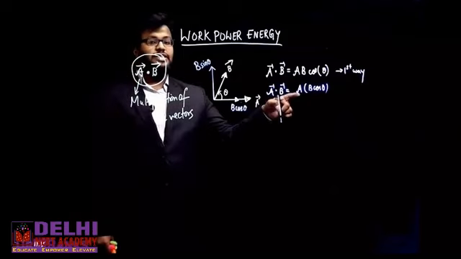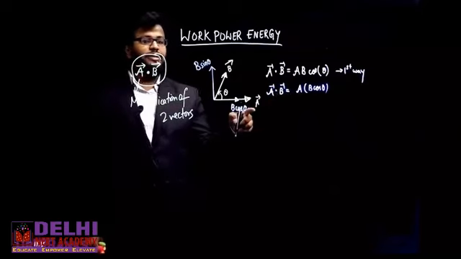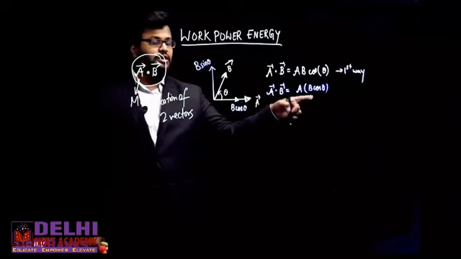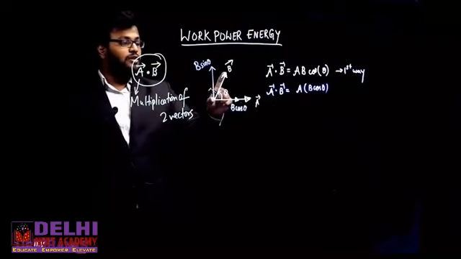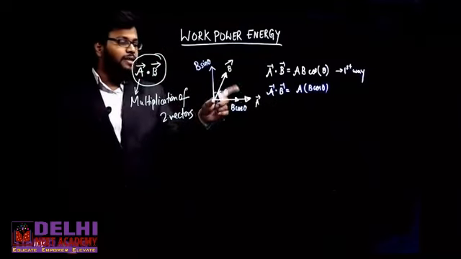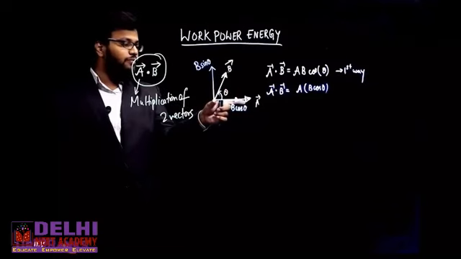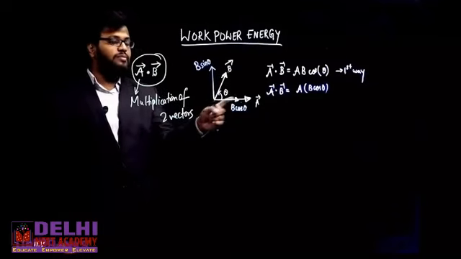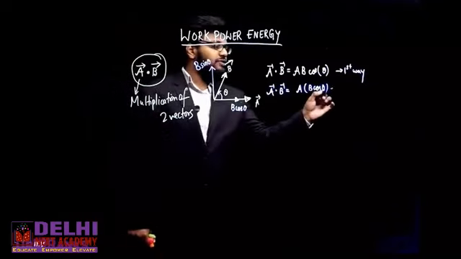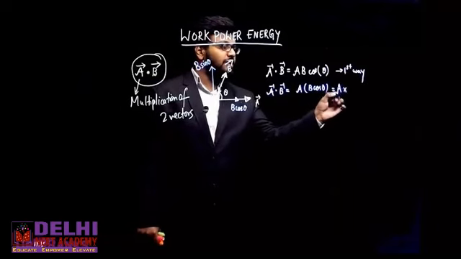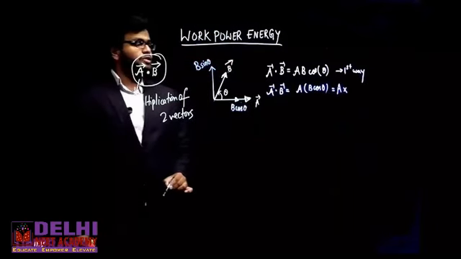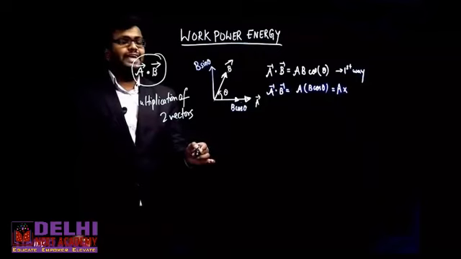So this can also be written as a into b cos theta. A is simply the magnitude of a, into what is b cos theta. B cos theta is nothing but the component of b along a. If I resolve b along a, I am getting b cos theta. So I can write this also as the magnitude of a into the component of b along a.